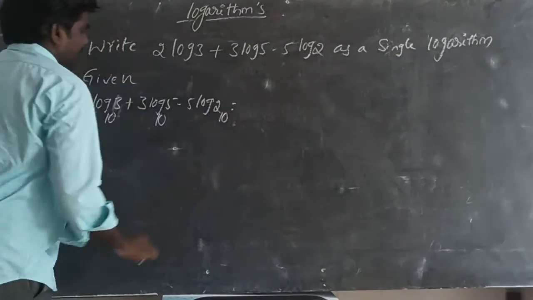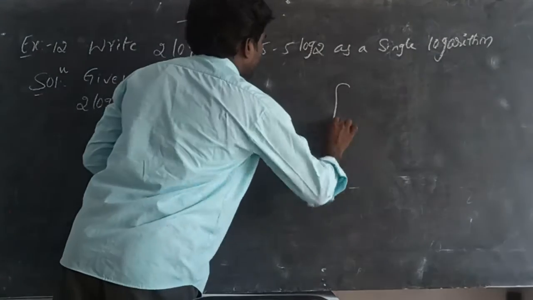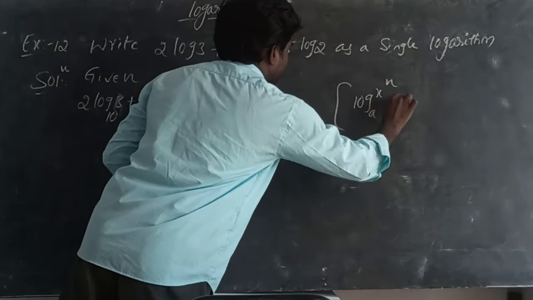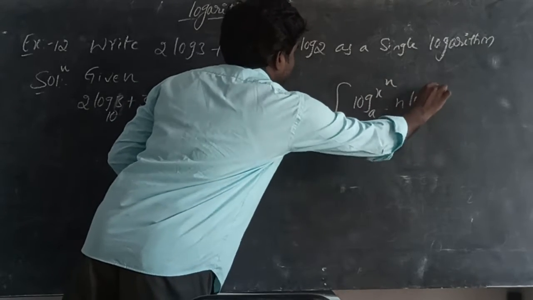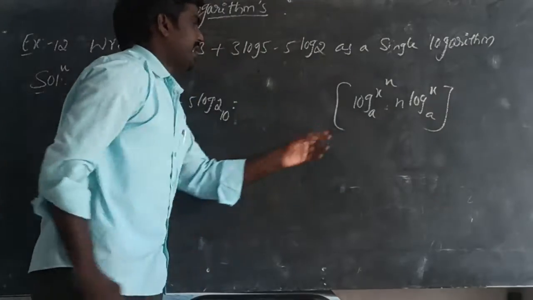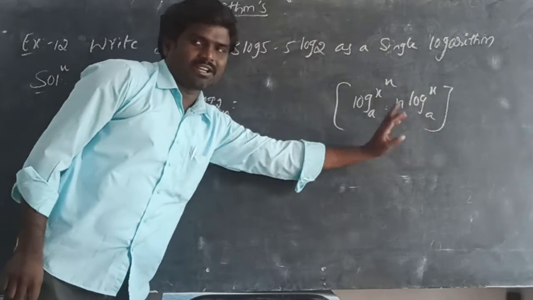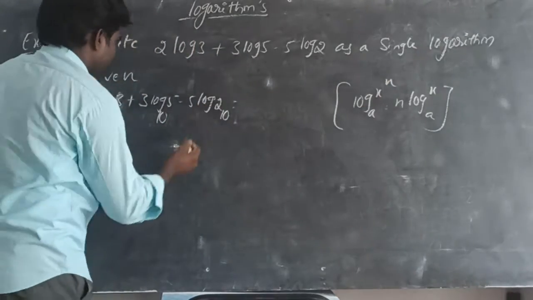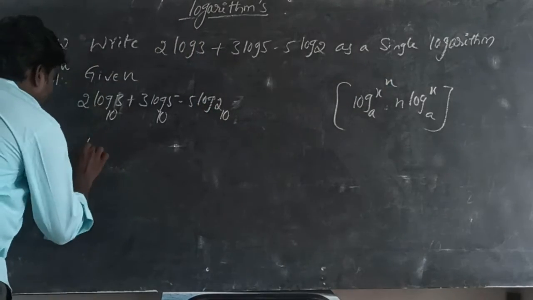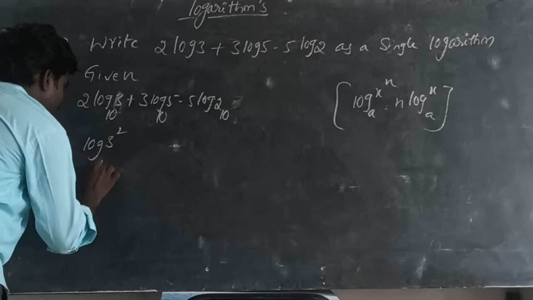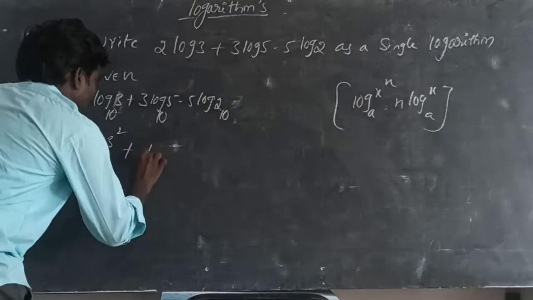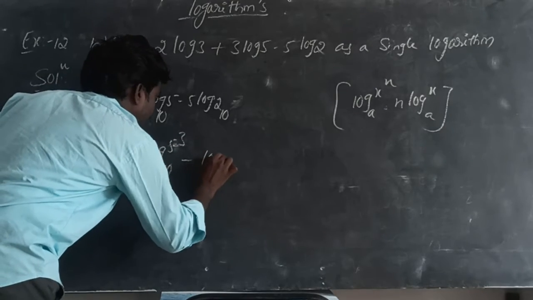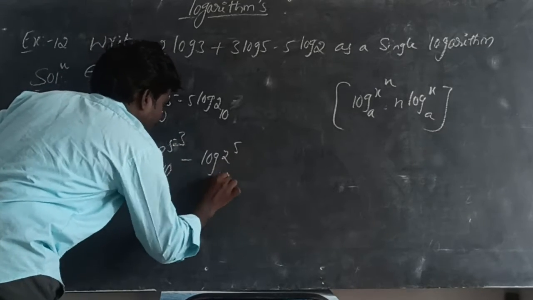Here we can use the formula log x power n base a is equal to n log x base a. N log x base a you can write as log x power n base a. So we can write log 3 square base 10 plus log 5 cube base 10 minus log 2 power 5 base 10.